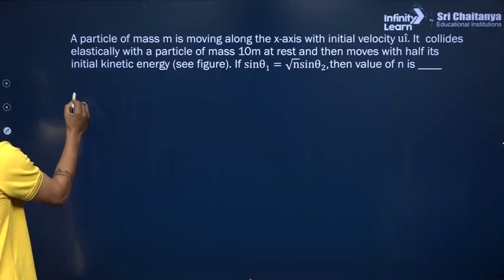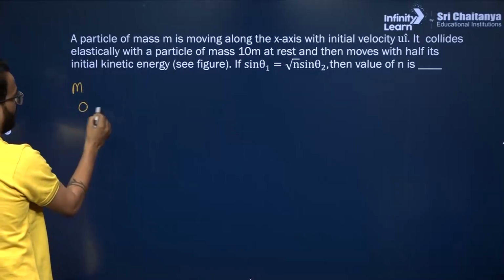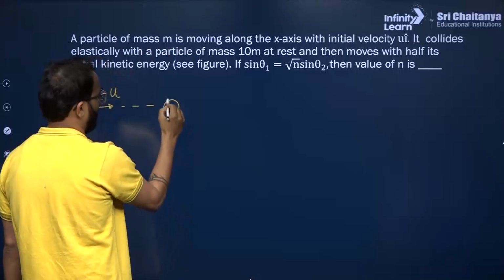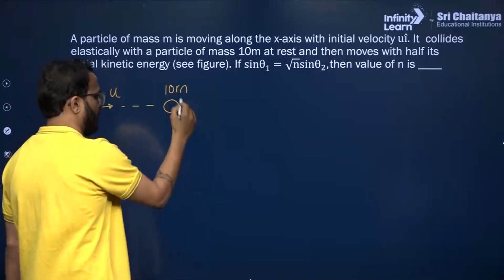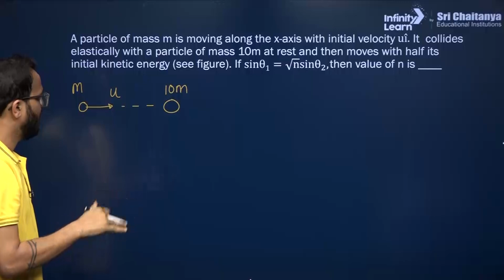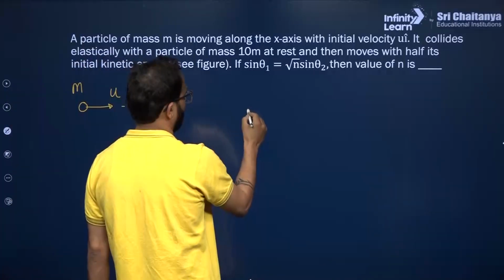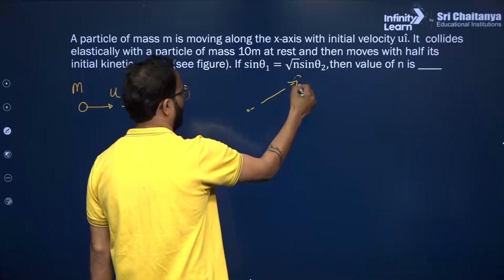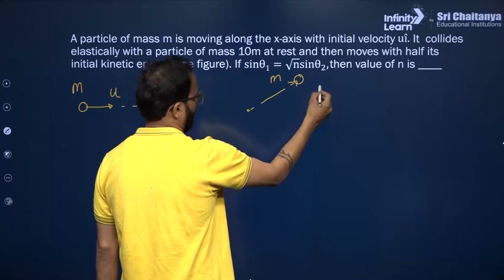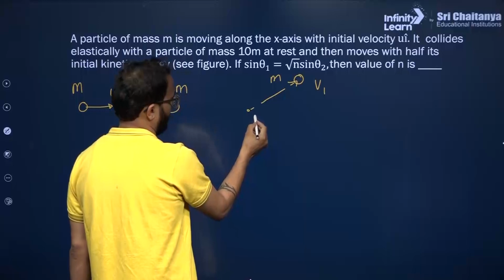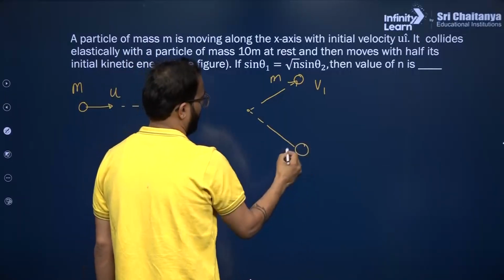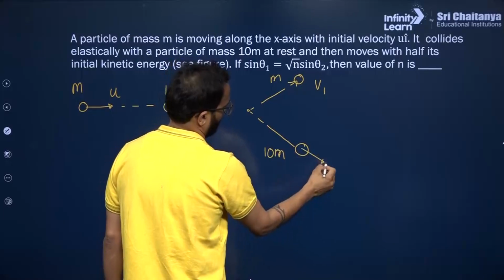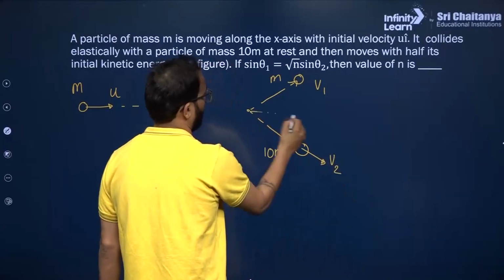So a particle of mass m is coming with a speed of u, collides with another particle of mass 10m kept here, and after collision the scenario is something like this. M goes here with a speed v1, 10m goes here with the speed v2.